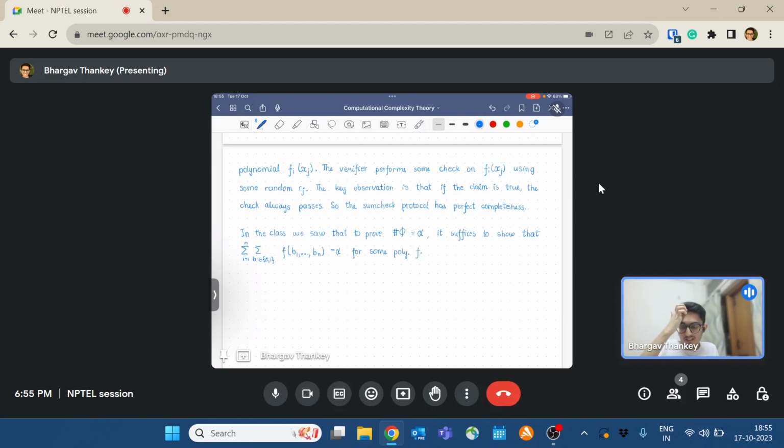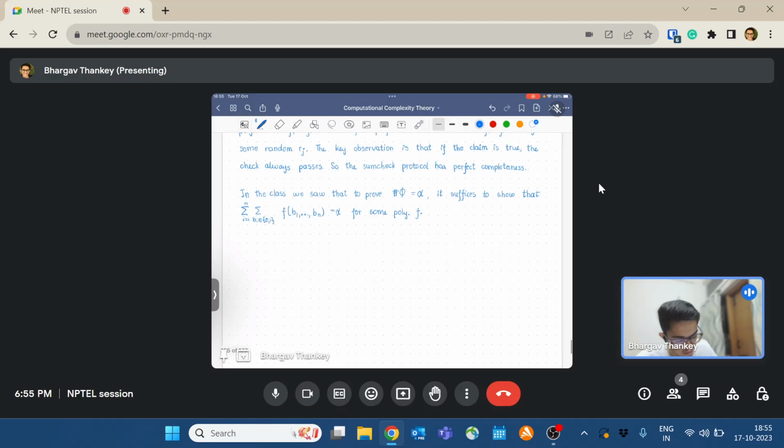And what was happening in the sum check protocol? Let's say in the ith round, I'll just do this for the first round. The rest of the rounds are similar.